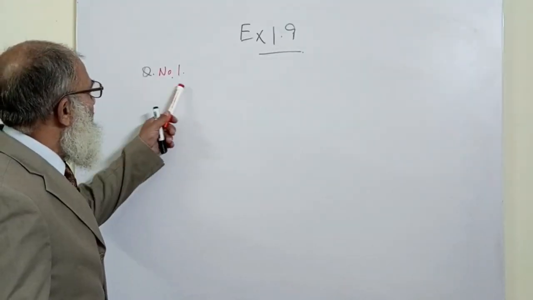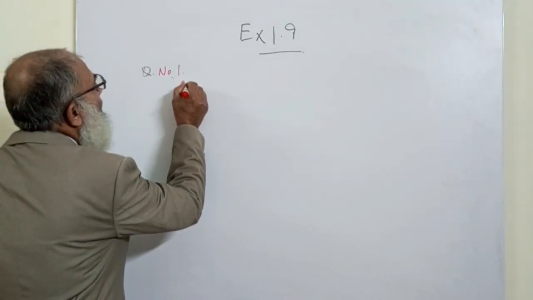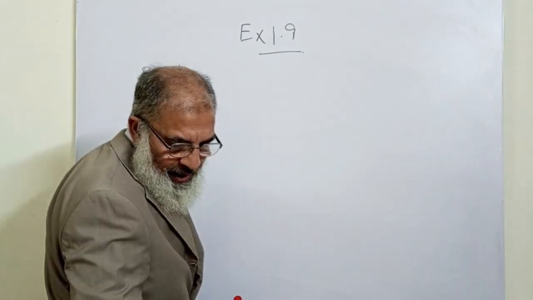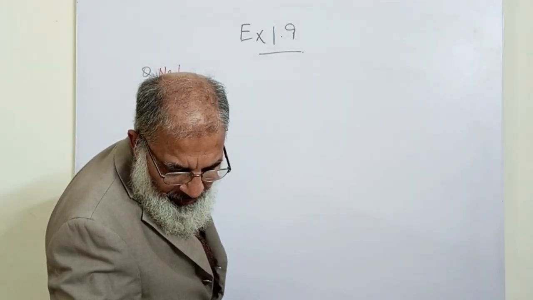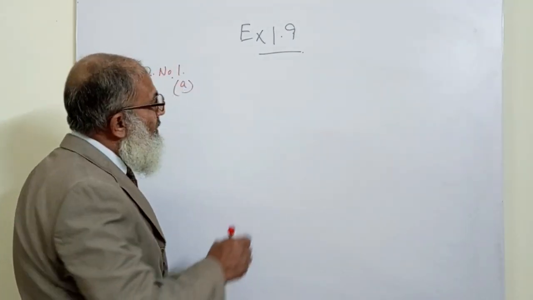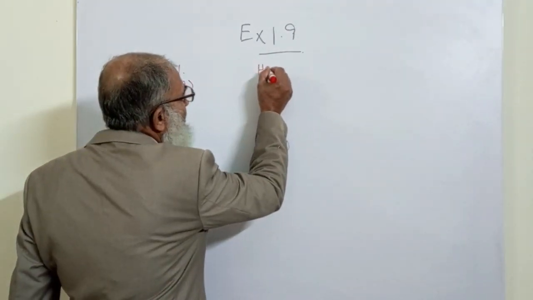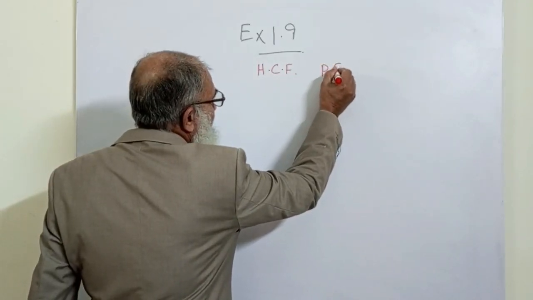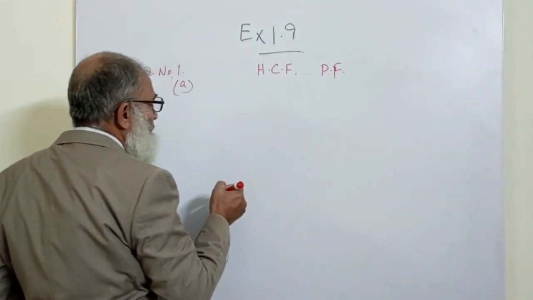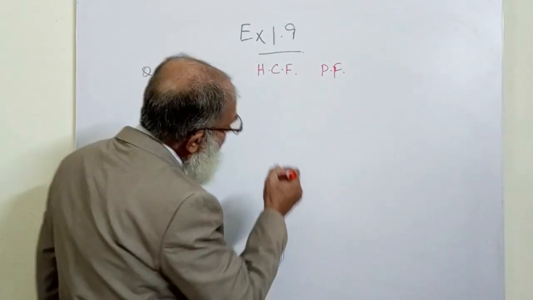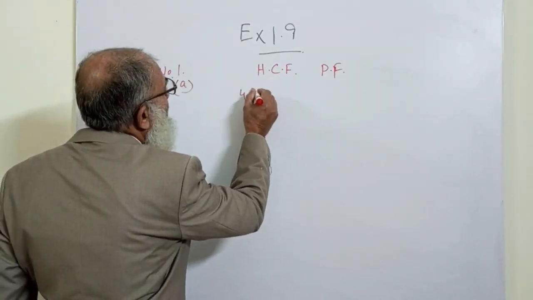So we start from question number 1, part A. What we have to find is find the HCF of these numbers by means of prime factors. So part number A is 48 and 108.